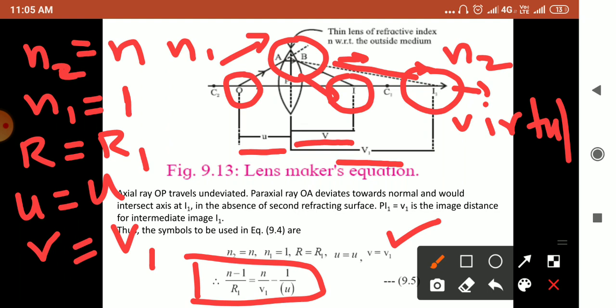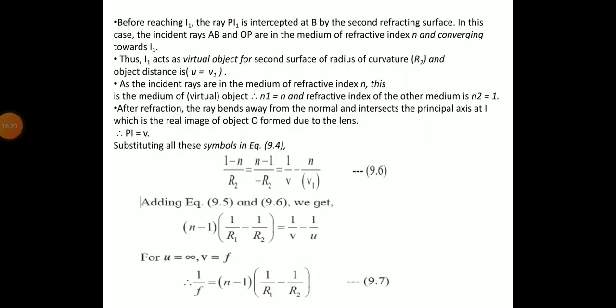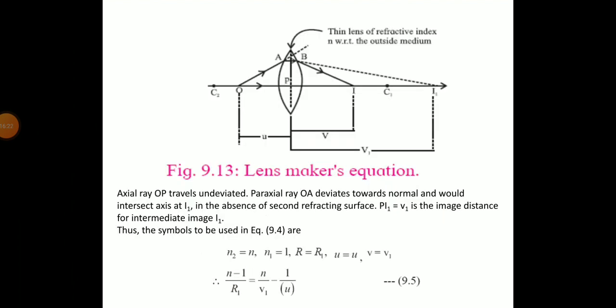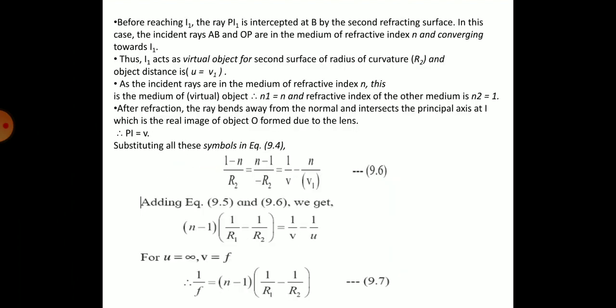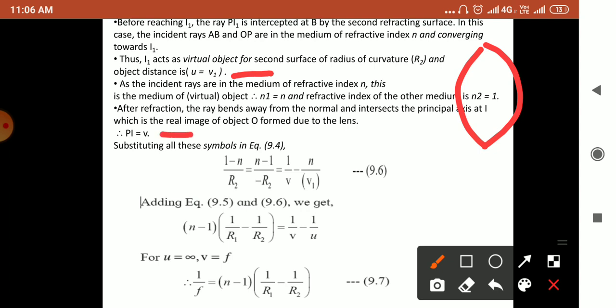Then we are having virtual object. When light will refract from the second surface, that is from other part of the lens, then it will give u equal to v1 and v equal to v.